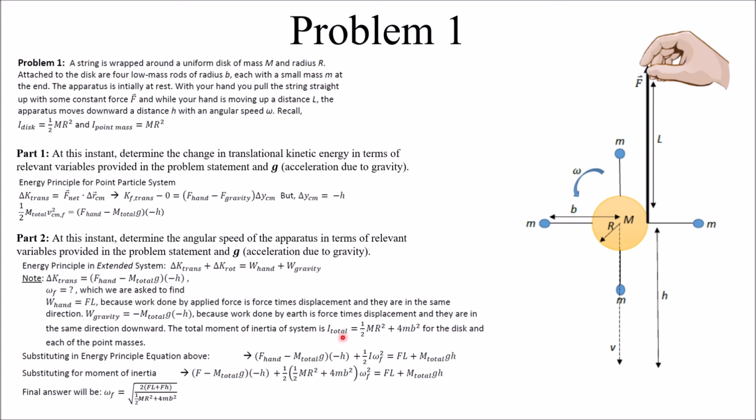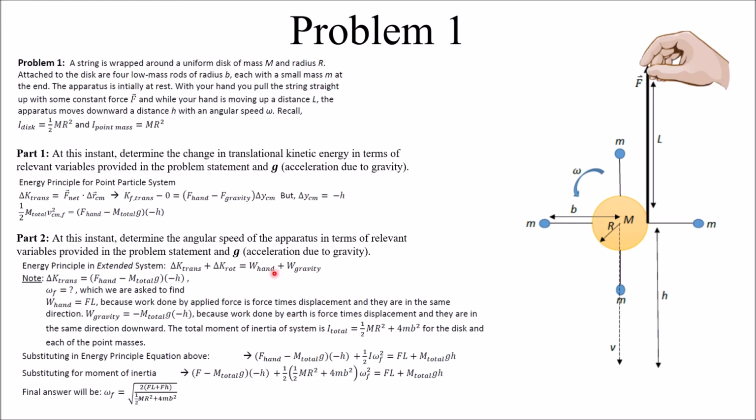We also have this idea that the total moment of inertia, as I was saying a little earlier, would be the 1/2 mr squared from the disk, plus you have these 4 point masses as well. So 4 times m times the distance away from that rotating axis. And so the distances are always measured from the axis of rotation. And so what we'll do is substitute in here, and we will get this expression for the change in translational kinetic energy.